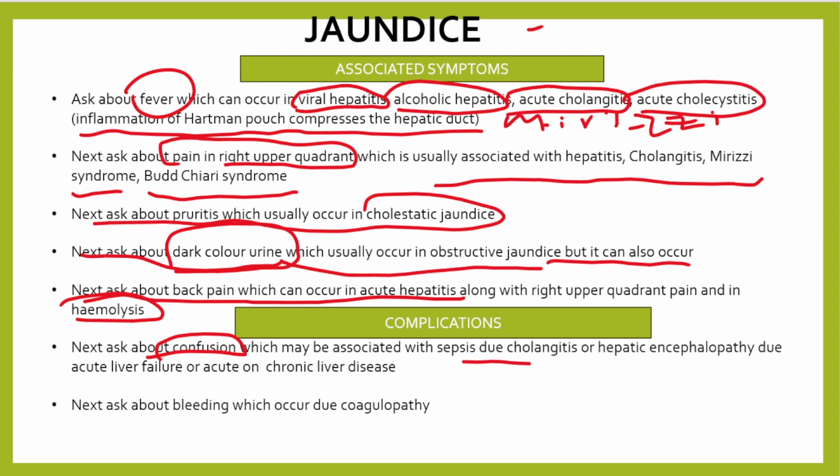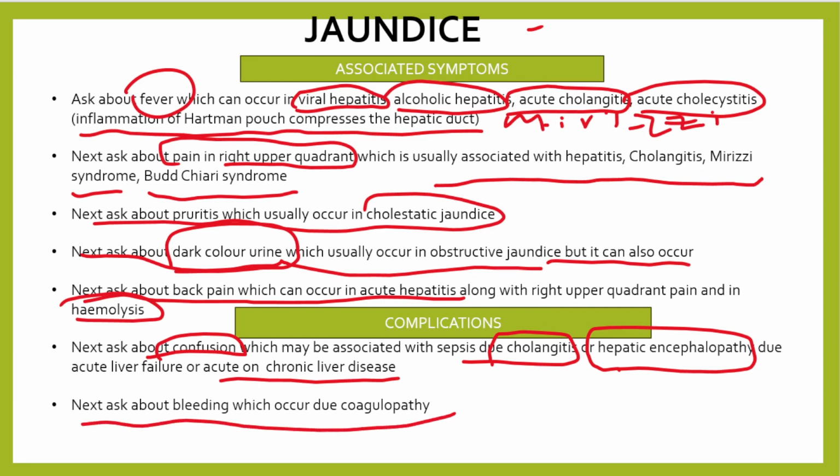In two conditions, cholangitis can cause severe sepsis, which will present as confusion, or hepatic encephalopathy can occur in acute liver failure, and sometimes in chronic liver disease, acute decompensation leads to hepatic encephalopathy. So we'll ask about the complications. Then we'll ask about bleeding from the gums or mucosal bleeding, GI bleeding, which are complications of hepatobiliary system involvement.